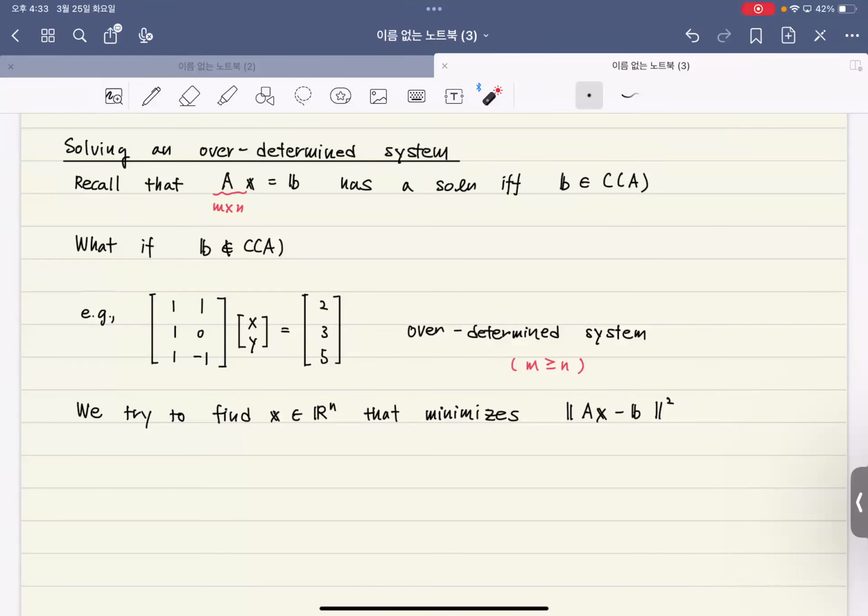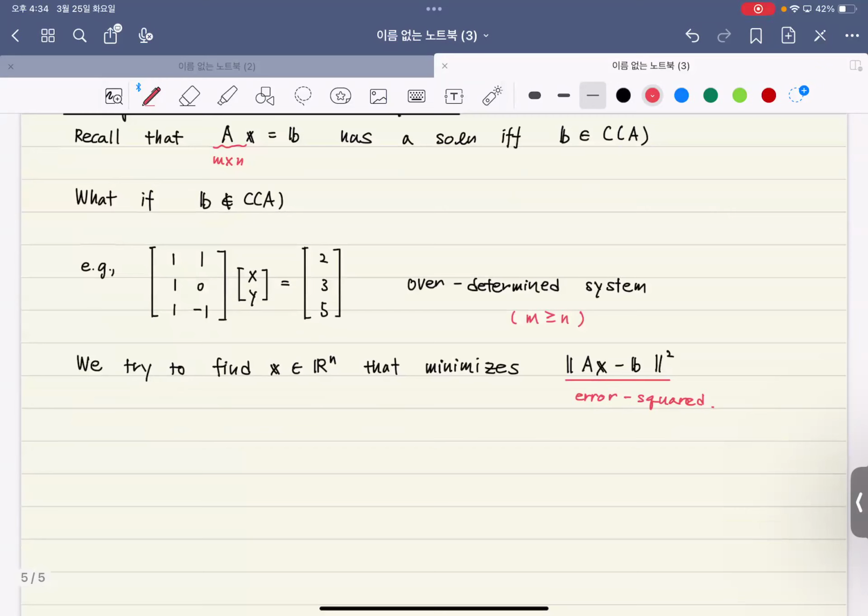However, even if this cannot be 0, we can still try to find an x which minimizes this number. This number measures the difference between the precise solution and the approximated solution. So we call this the squared error, or sometimes error squared. In other words, we want to find x which minimizes the error. How can you find such an x?